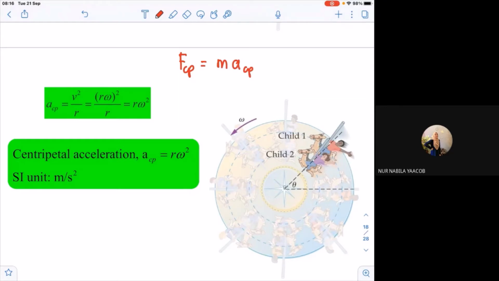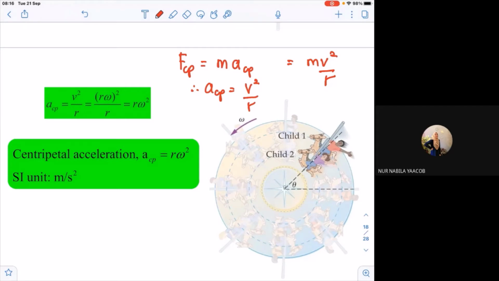So what is centripetal acceleration? Centripetal acceleration is equivalent to v squared over r, velocity squared over radius. So FCP is m v squared over r.